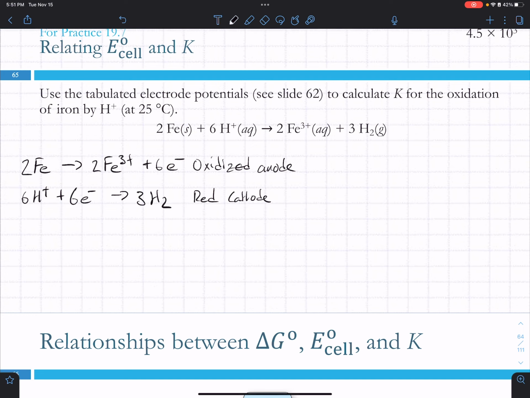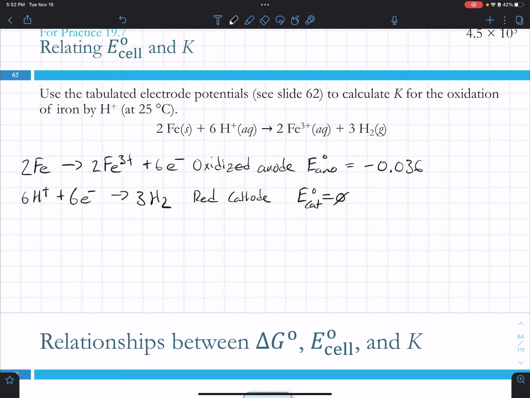And then the cell potential, or the half potential for this, is going to be 0. And then E anode for iron is going to be negative 0.036.